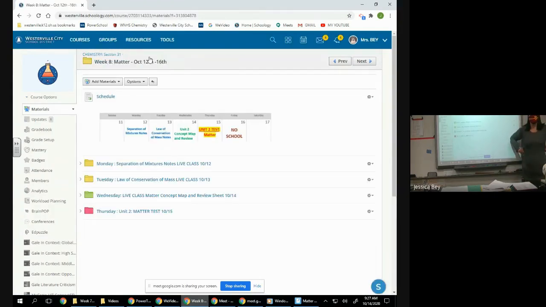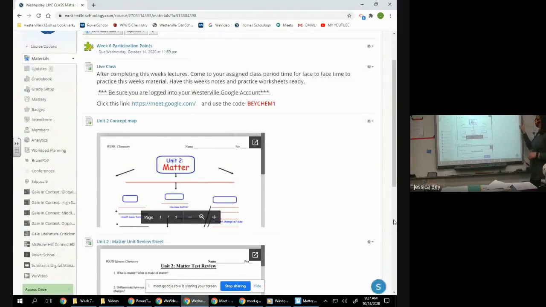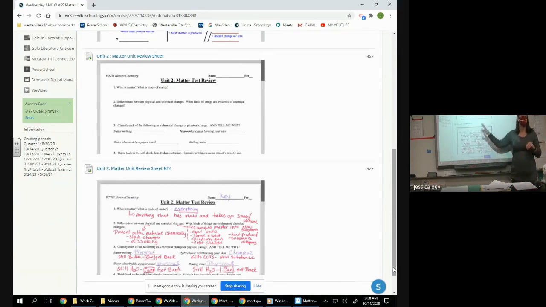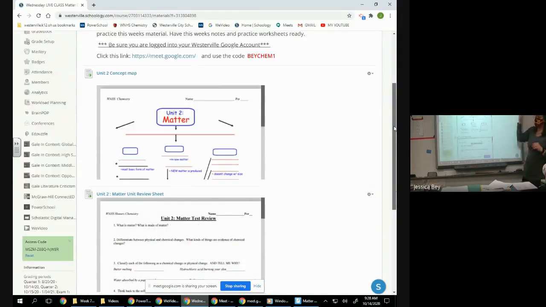So what you're going to do is take the remainder of the period. I'm going to walk around, see if you guys have any questions. But also in Wednesday's class, once you're done with your participation points, if you don't have the key, the parent packet with you, the answer key is also online. So if you want to check yourself, I suggest you do the whole front and then check yourself and then do the whole back and then check yourself. So you can use your note packet.